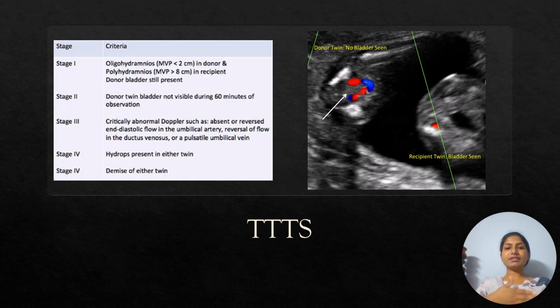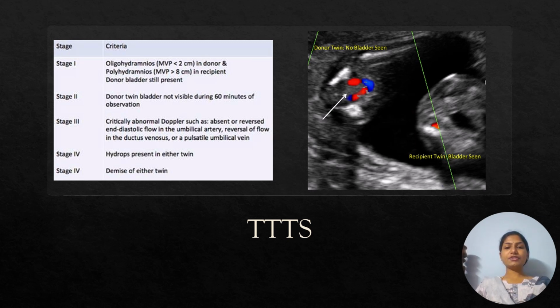So the twin which is losing its blood, sending the blood or shunting the blood, is called the donor twin, and the twin which is receiving the blood due to the shunting is called the recipient twin. So that is why the donor twin goes into anemia and oligohydramnios, whereas the recipient twin will go into polycythemia and polyhydramnios.